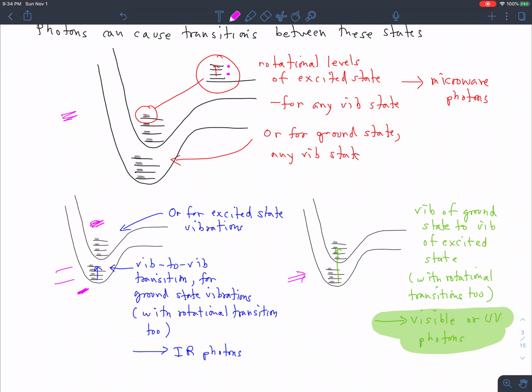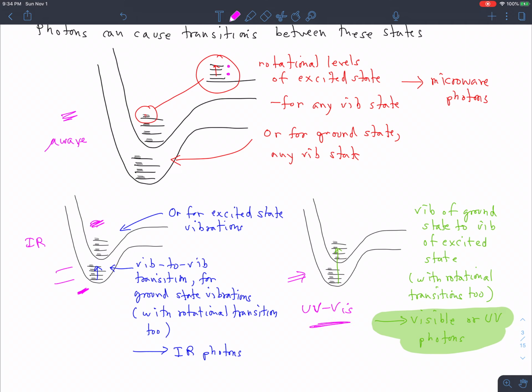So this is mostly microwave, when you're getting transitions directly between rotational states. This is infrared, when you're getting transitions between vibrational states. And this is the UV or visible part of the spectrum, where you're getting transitions between different electronic state manifolds.